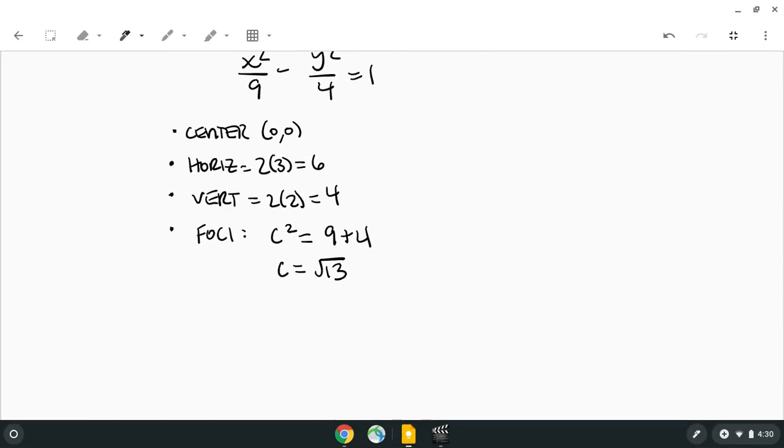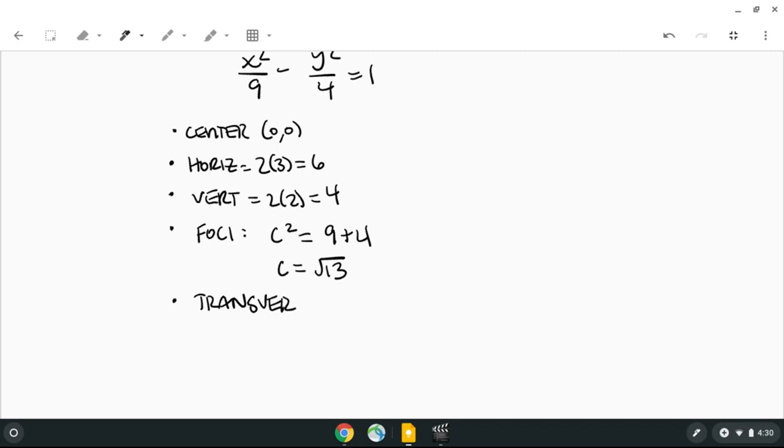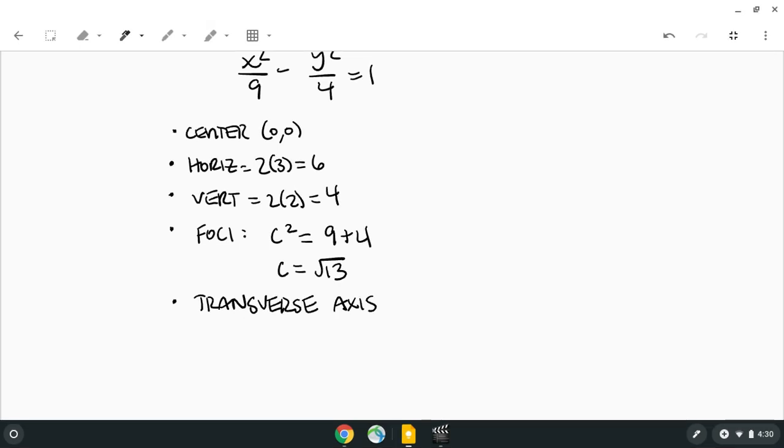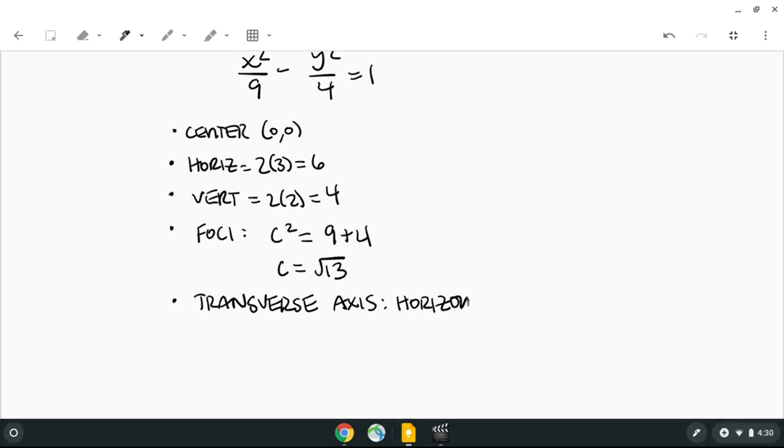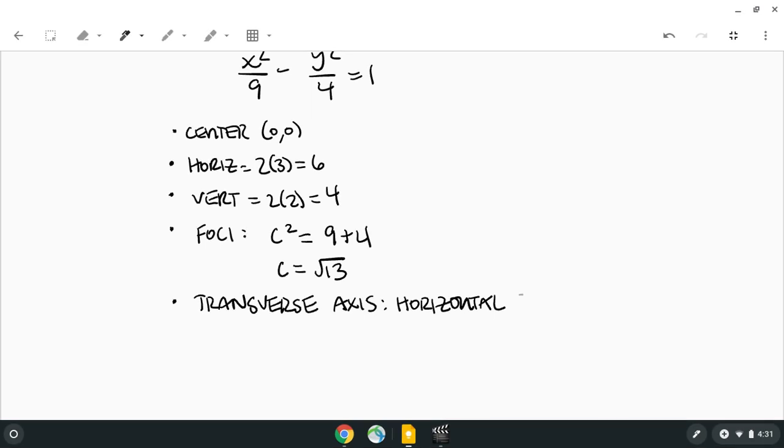And we also know that the transverse axis is going to be horizontal. Okay. So we know it's going to be this kind. Okay. All right, so let's go ahead and graph this.